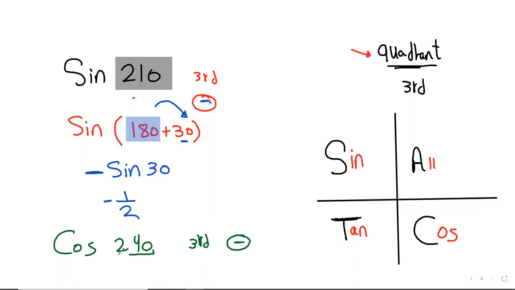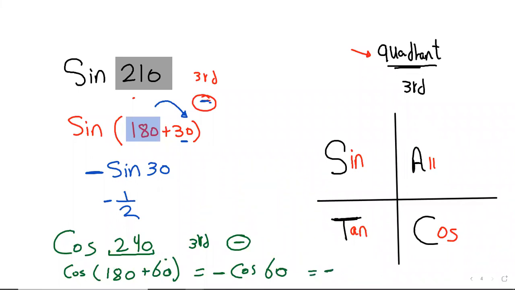How can we express 240 as 180 plus an angle? Mariam: it will be plus 60. Great. So with the sign negative, it will be negative cosine 60. Cosine 60 equals what? If you remember, cosine 60 equals a half.